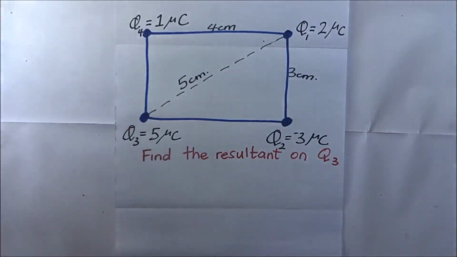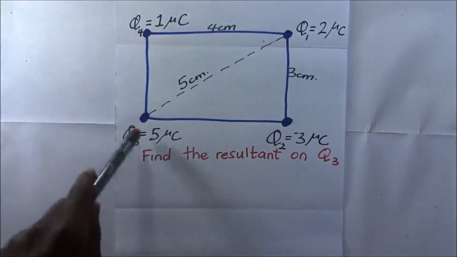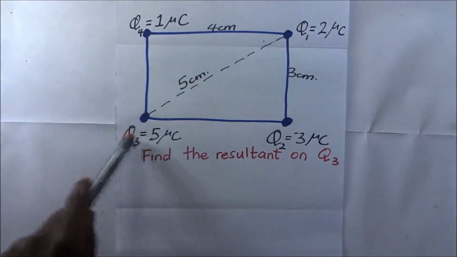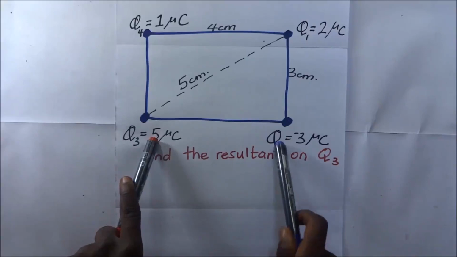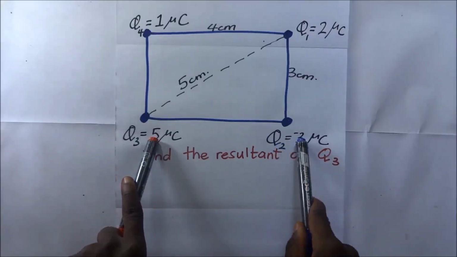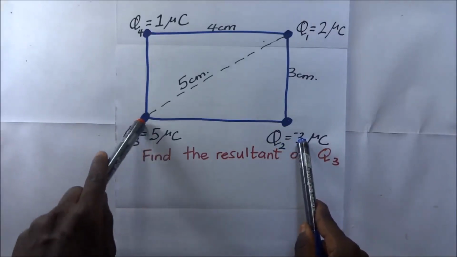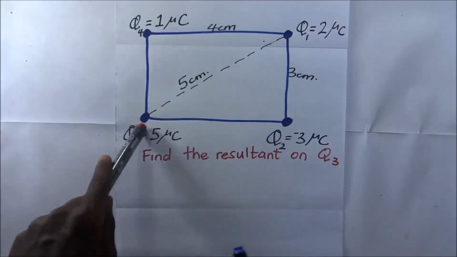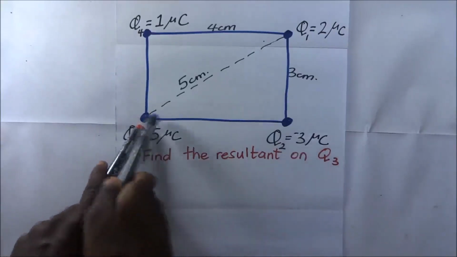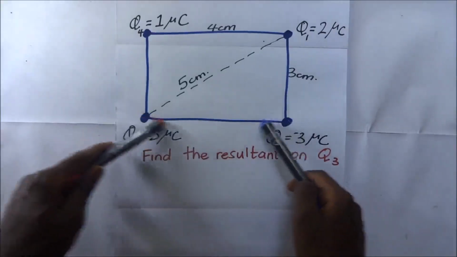Charge Q3 is a positive one, charge Q2 is a negative one. Since unlike charges attract, it means that the force on Q3 due to Q2 will be in that direction, because these two attract.